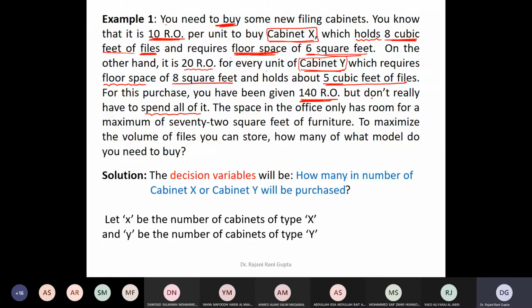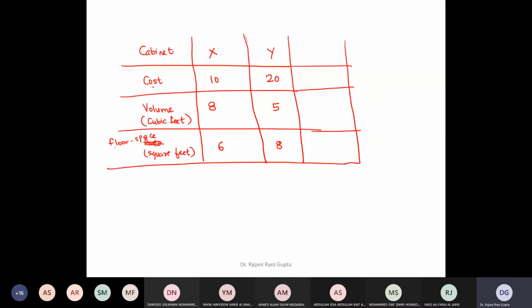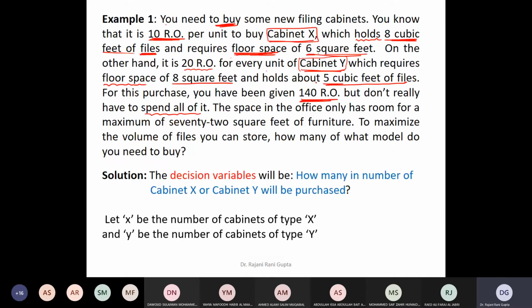It means you can use either all of 140, or you can complete this purchase in less. So the cost is this one, and the total amount of money available to you is 140. The cost is in OMR, so it will come here in the total. You can go maximum up to this, but you cannot go beyond it. Next, the space in the office has room for a maximum of 72 square feet of furniture.